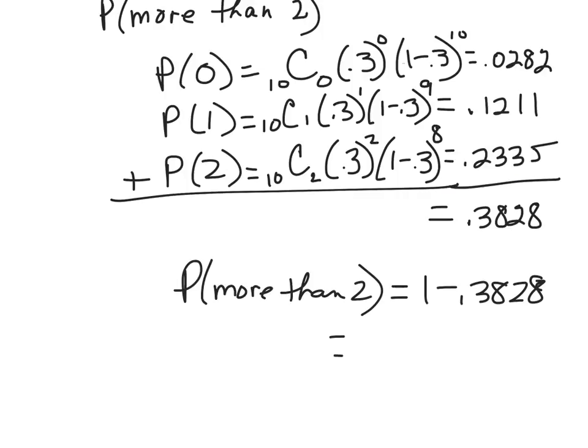And if you crunch the numbers there, you get 0.6172. So sometimes it's easier to use the complements rule to help us figure probabilities than to figure them straight, figure them normal.